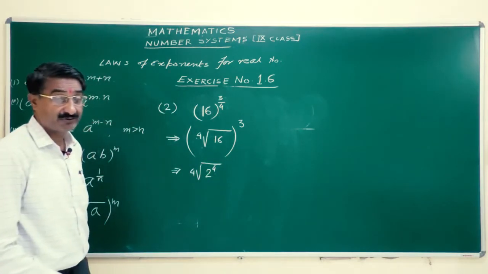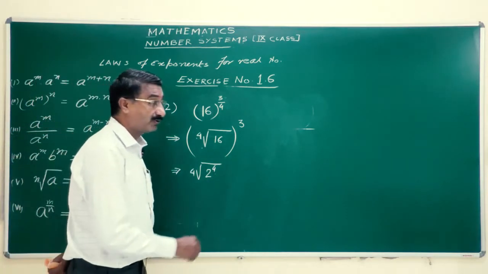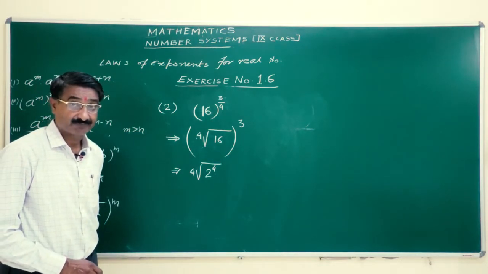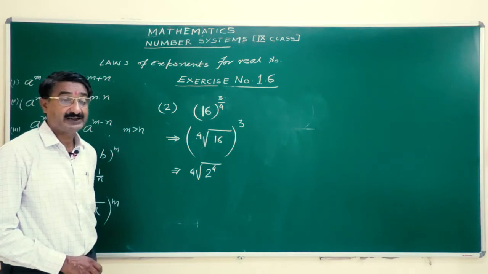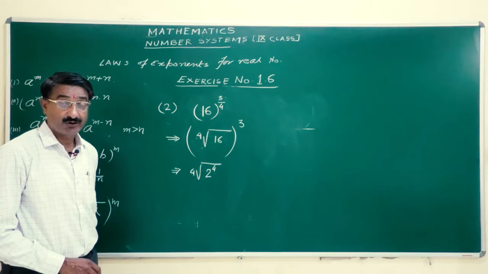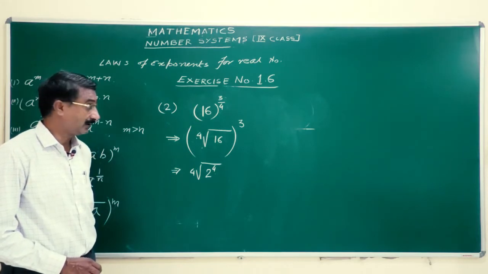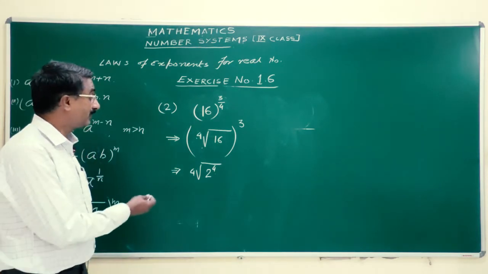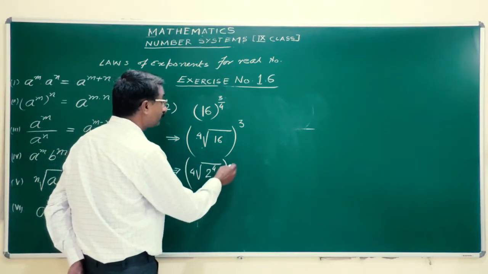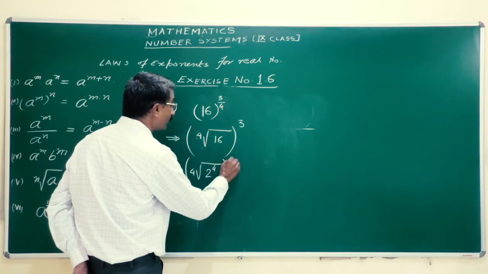That is why I told you in the earlier classes, you have to remember the squares up to 20, up to 30 or up to 50 to face competitive examinations, and you have to remember cubes up to 30. Clear? So that you can solve this very easily and very quickly. So, the fourth root of 2 raised to the power 4, whole cube.